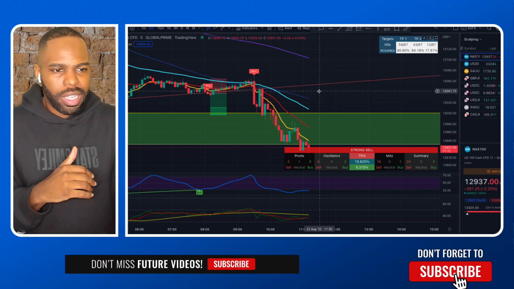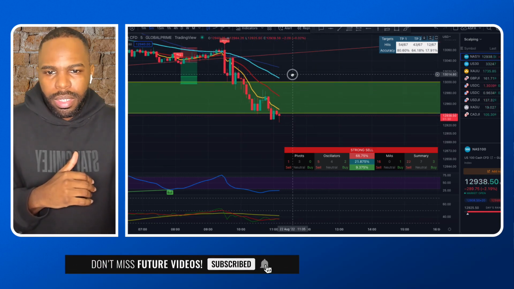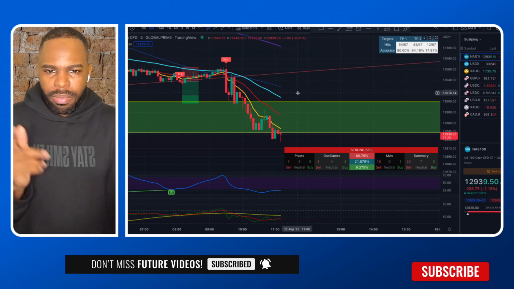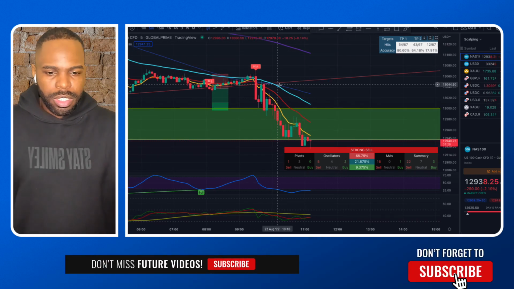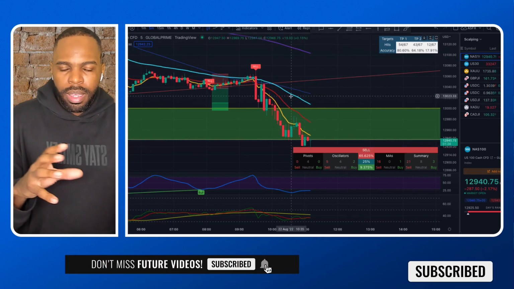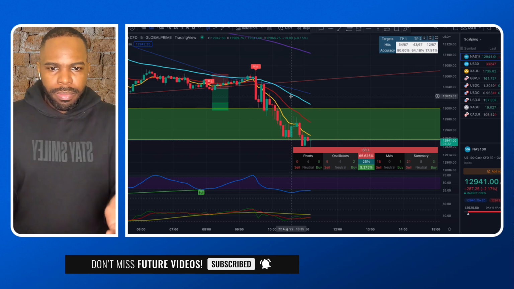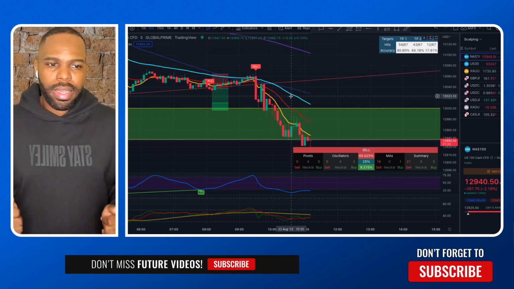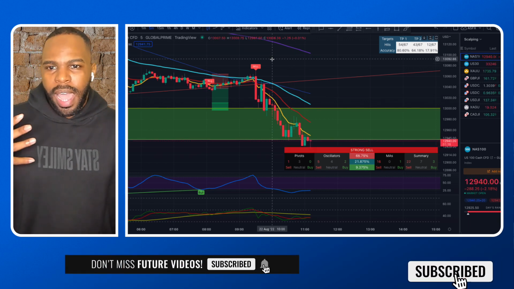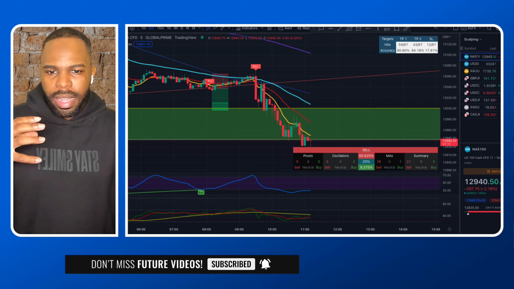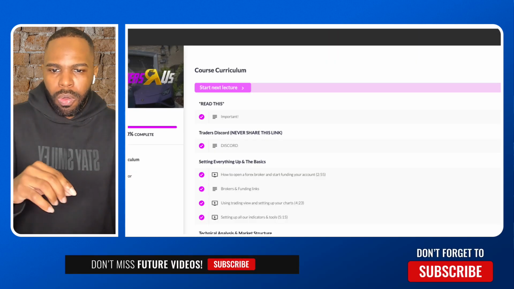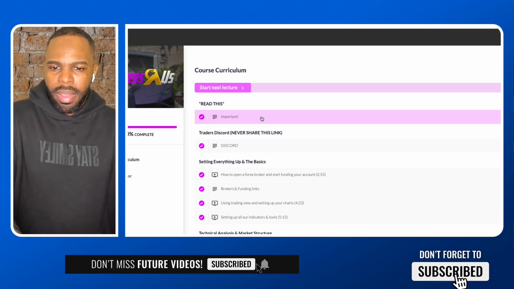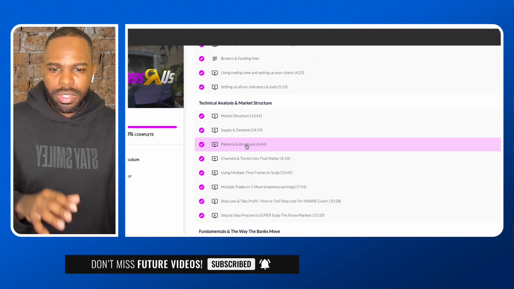I'll show you the indicators that I'm using to automatically draw these trend lines for me, and watch out for these breakouts. The indicator that I'm using is a breakout indicator. It draws everything on my charts based on what MambaFx is teaching inside of this course when it comes to the breakout patterns.